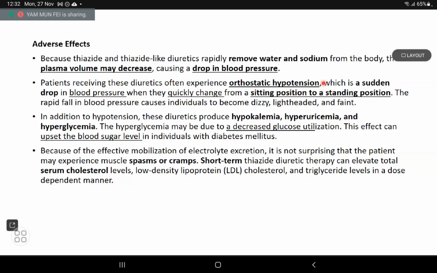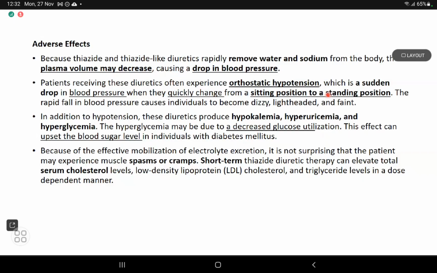You may ask me whether this is important or not. Yes, this is quite important because a lot of elders fall down and pass away because of orthostatic hypotension, especially after they wake up, they want to go to the toilet, they immediately stand up and go to the toilet and fall down because of orthostatic hypotension.